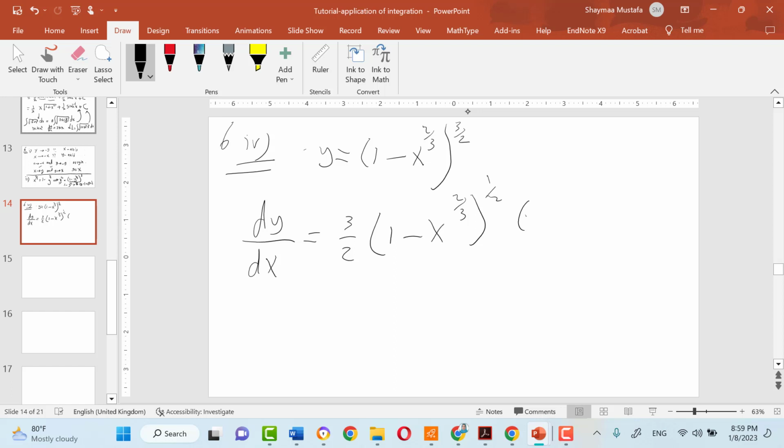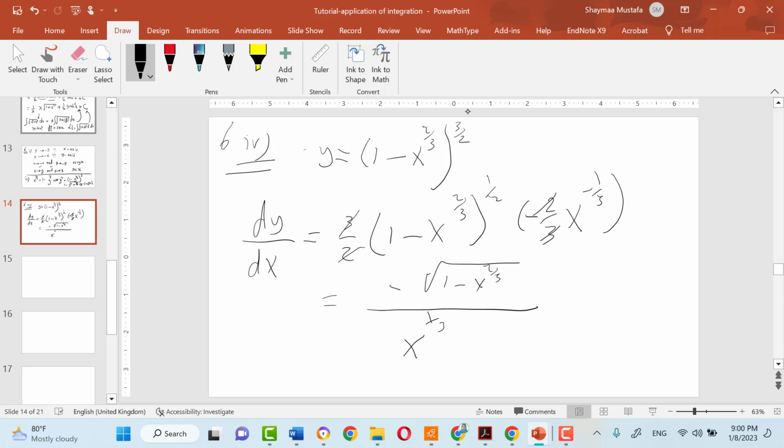So this one times minus 2 over 3 x to the power minus 1/3. So 3 with 3, minus 2 with minus 2. So this one is minus the square root of 1 minus x to the power 2/3, over x to the power 1/3. Now going for calculating the length.